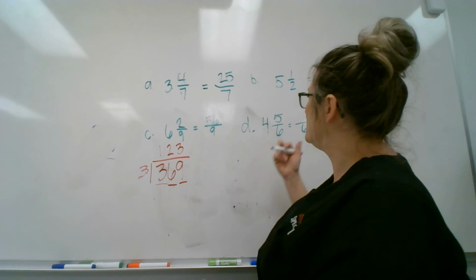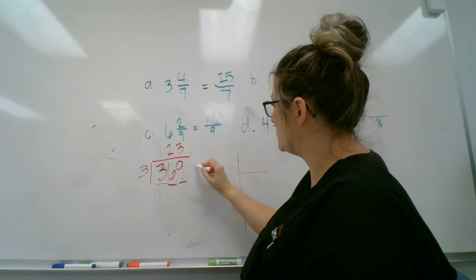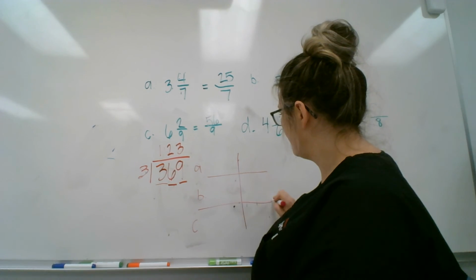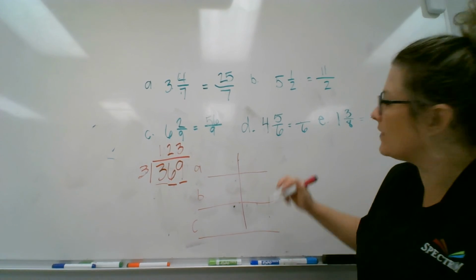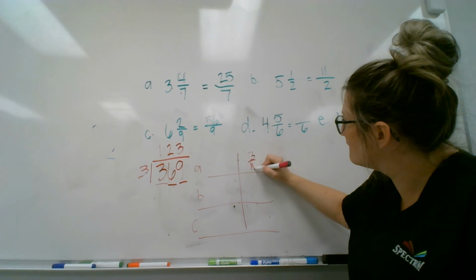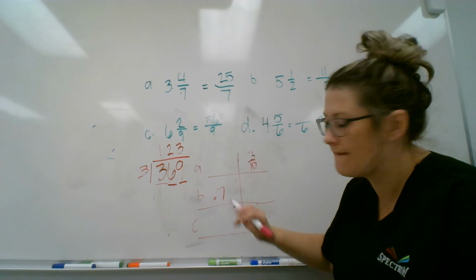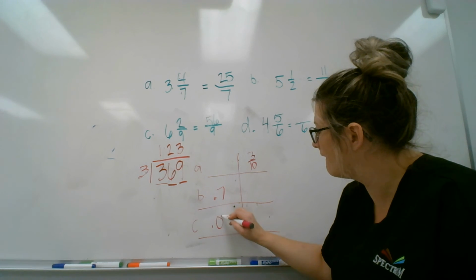Remember how to do these. Here's my table. A, B, C, and so on. My first fraction is 3 over 10. That's given to me. Over here, I have 0.7. Then I have 0.07.